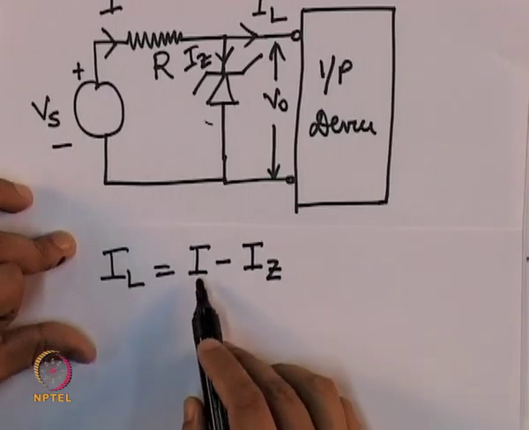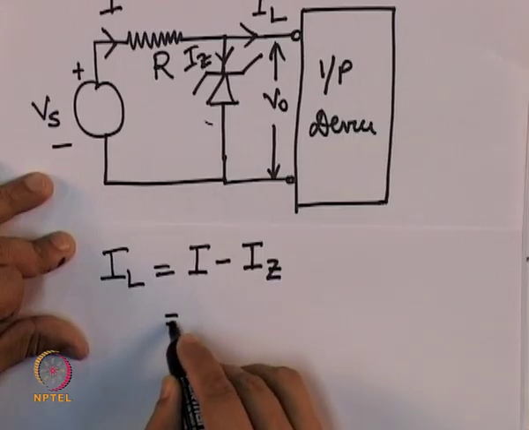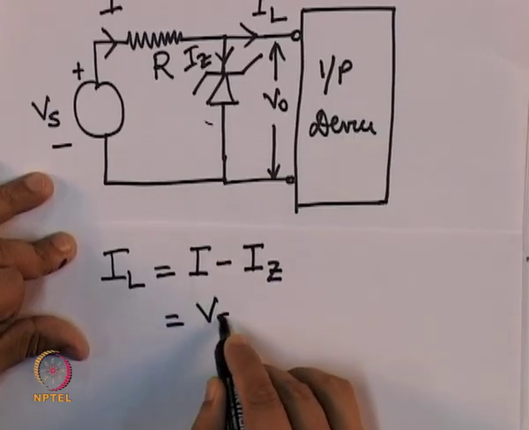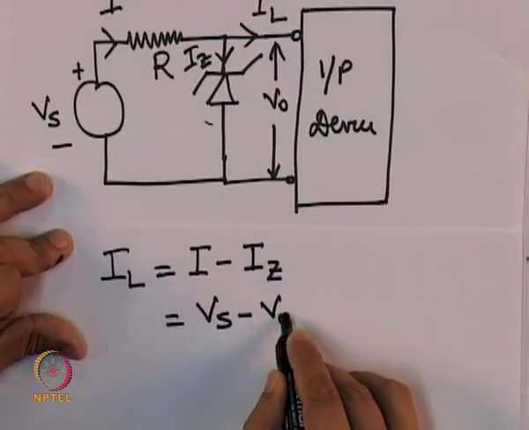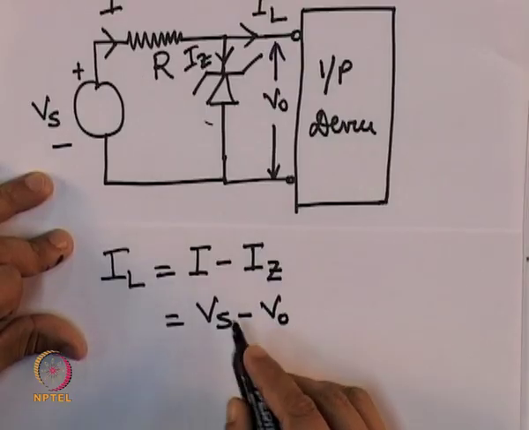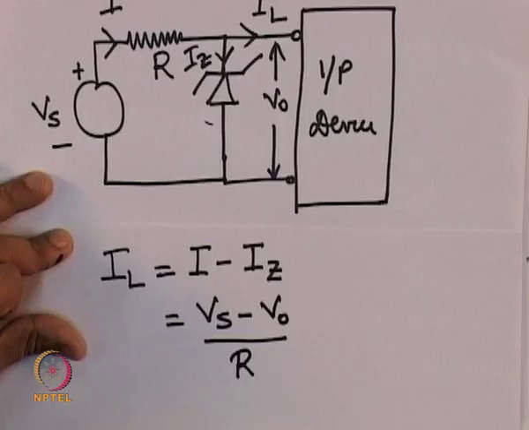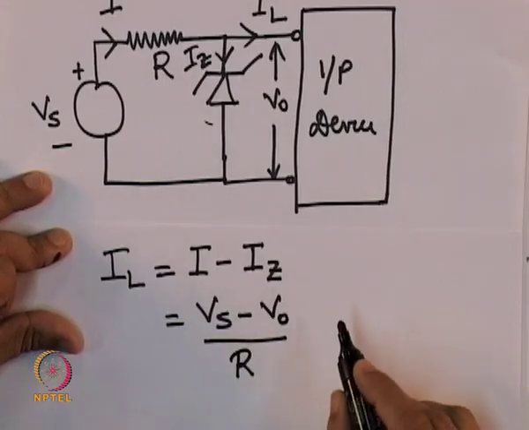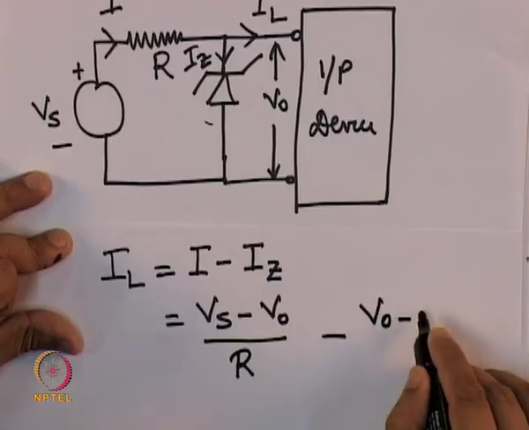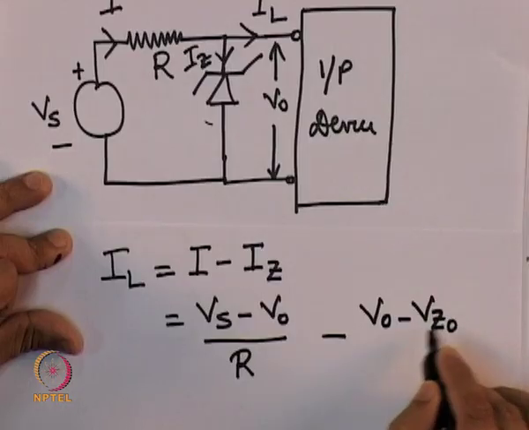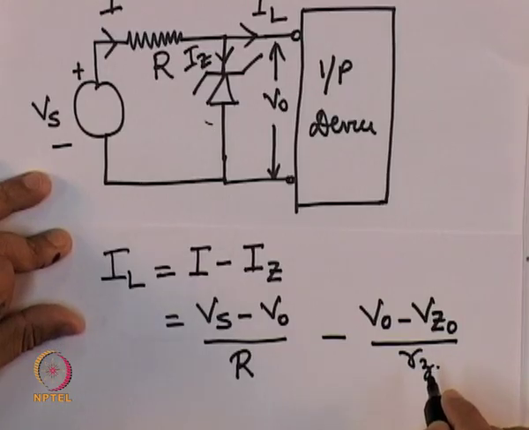Now, what is this current I? Can I write this as equal to V s minus V 0 upon R, and what is this current I z? Can I write it as V 0 minus V z 0 upon small r z.